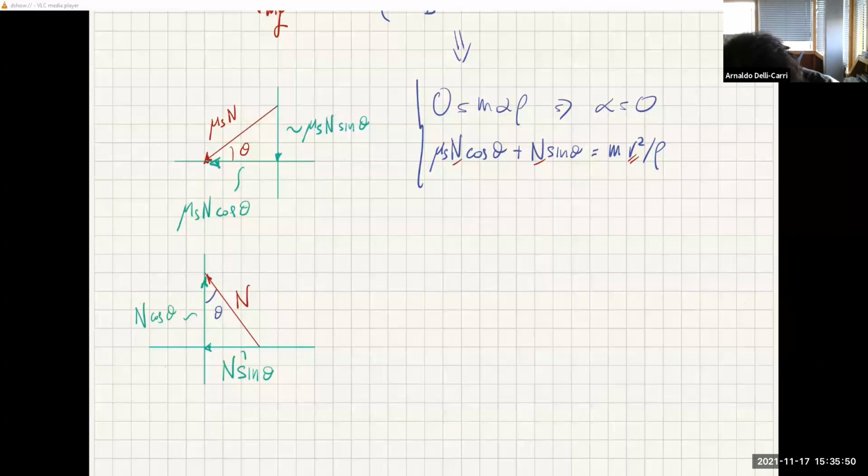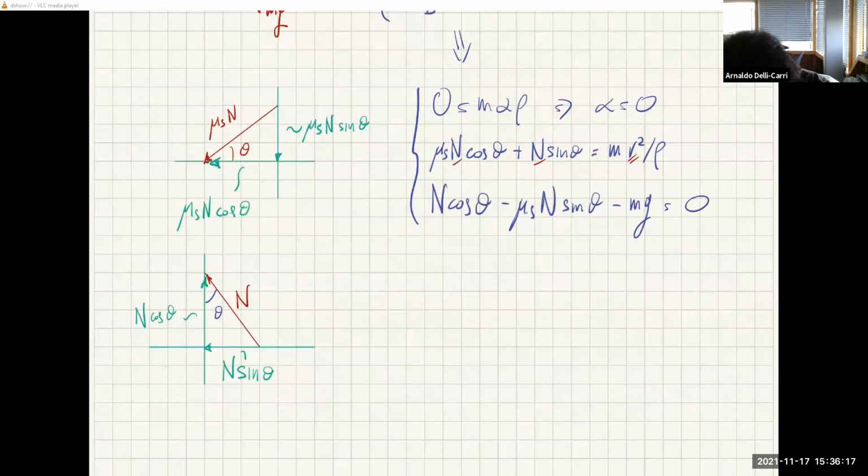The terms are n cosine theta minus mu s n sine theta minus mg equals 0. This is the other equation I need. And in this equation, I only have one unknown. So first I solve 3. So this is equation 1, 2, and 3.